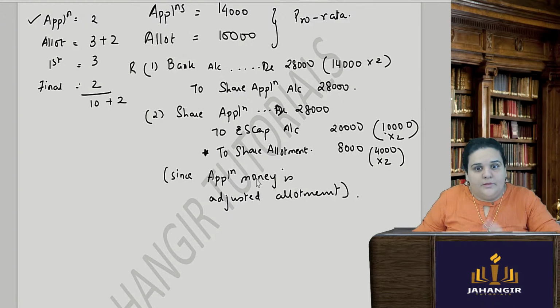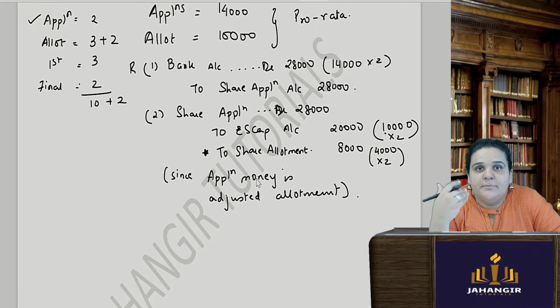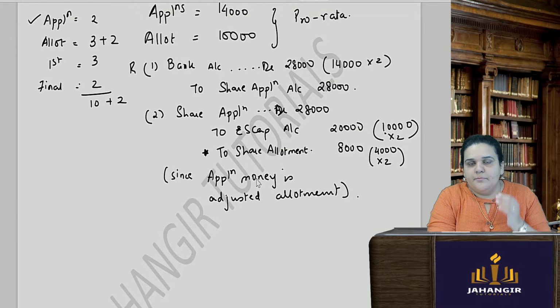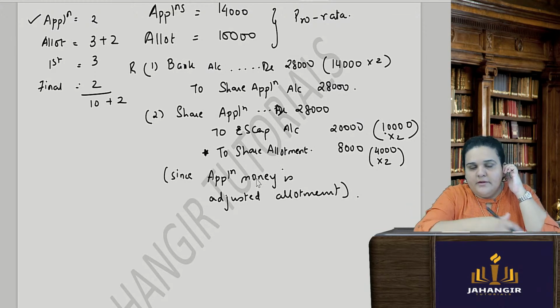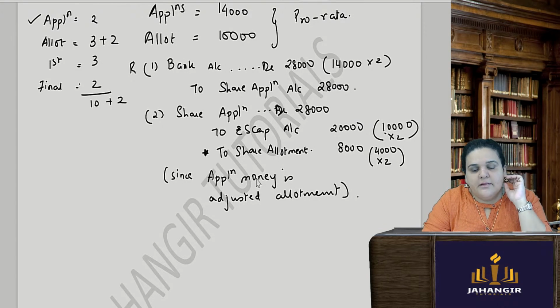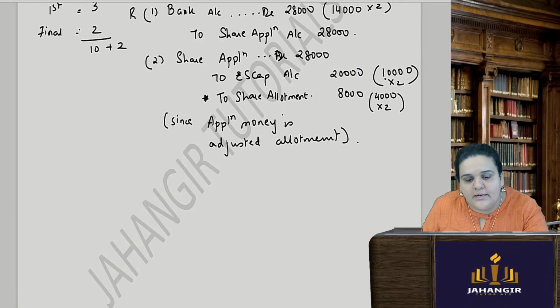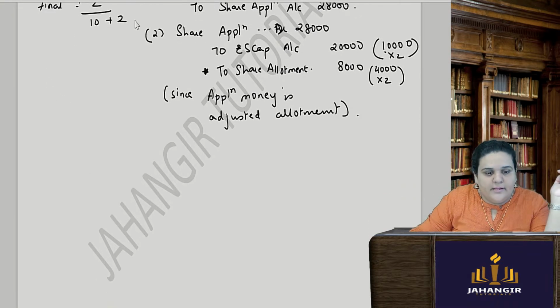Important: many times excess money received at the time of application, companies generally adjust at the allotment stage if they are doing pro rata. If it is a refund, then it is very simple. Directly from my bank account I will refund everybody, so I will credit my bank account. That I just showed you. But now since I'm doing pro rata, I have to do the adjustment.